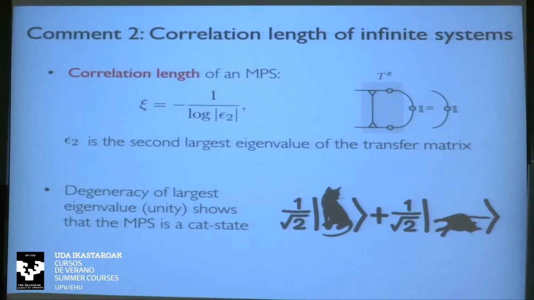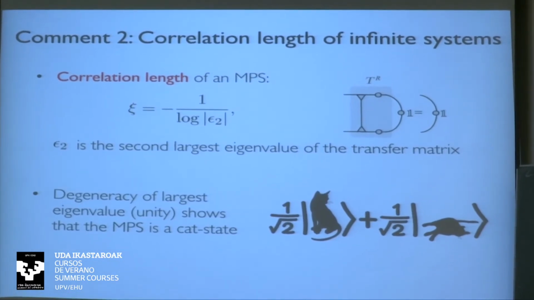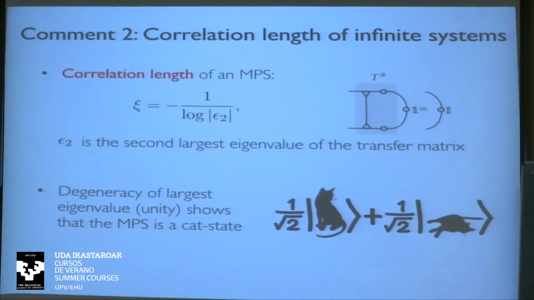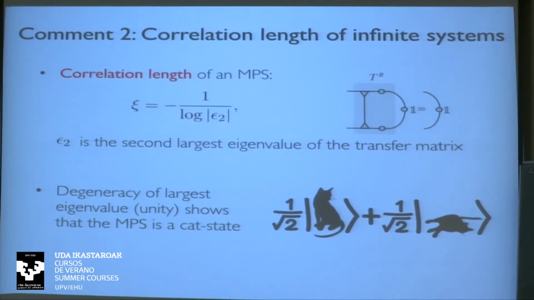One trick is, if we are using this algorithm directly in the thermodynamic limit, then we can use the transfer matrix that we have encountered before, when we were constructing the canonical form.